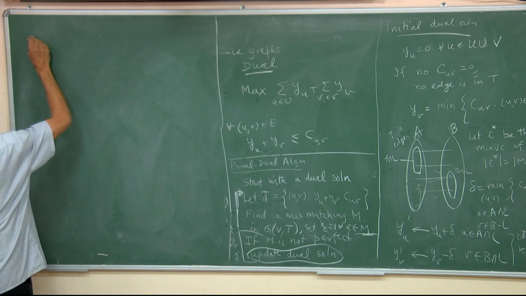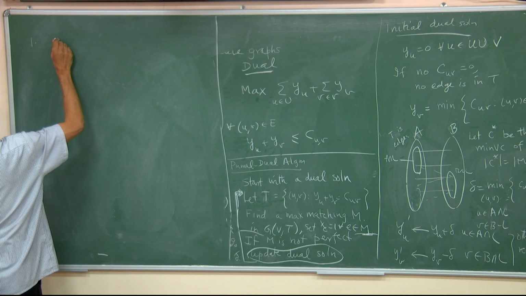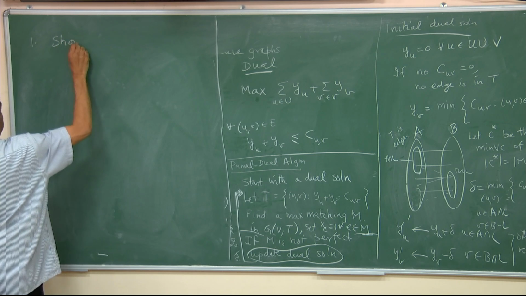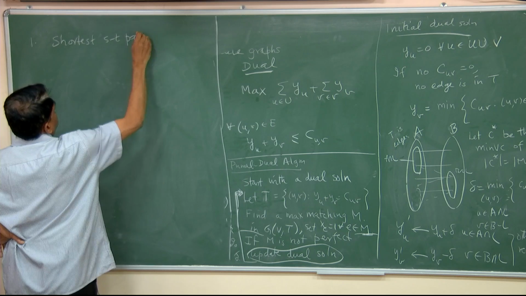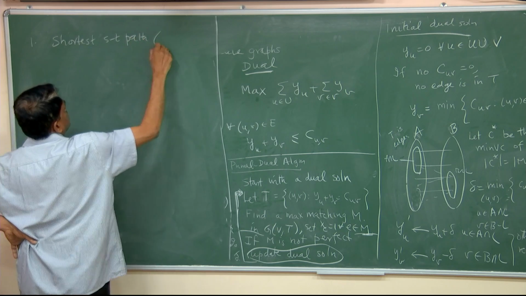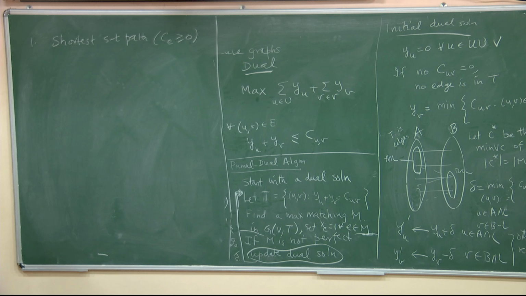One is shortest ST path, and my edge weights are all greater than or equal to 0. You have an undirected graph and you want to find the shortest ST path, and all the edge weights are greater than or equal to 0. What algorithm would you use? You use Dijkstra's algorithm, right? From S to T, you want to find the shortest path.